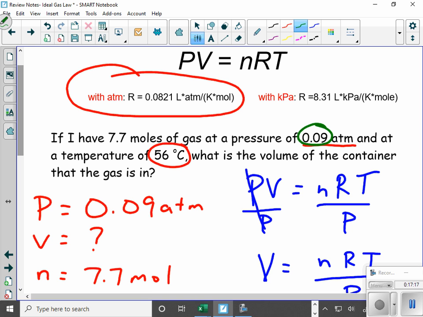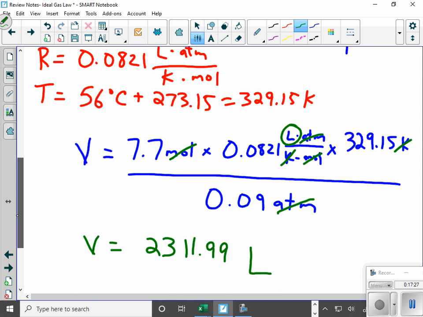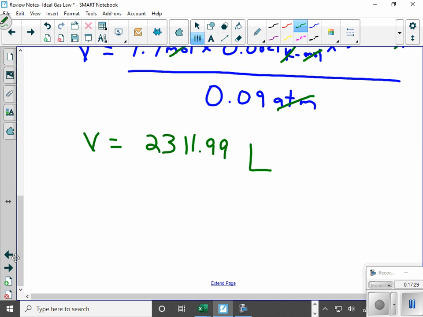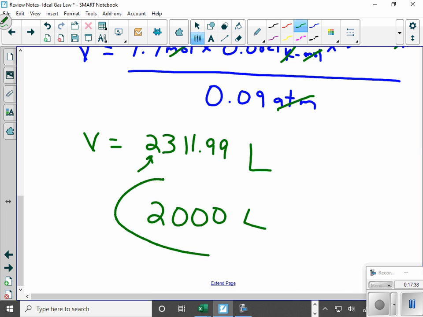How many do I have right there? 1. Okay, I've got 2 placeholder zeros, and I've got the 9 there. So I have 1 sig fig. So I need to take this to 1 sig fig. My volume is going to be 2,000 liters because that 3 does not round up. I have 3 placeholder zeros there.